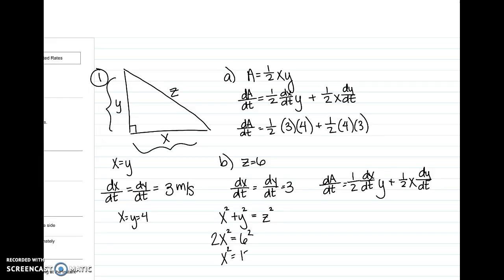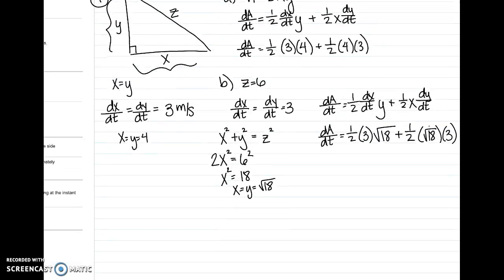So 36 over 2, which is 18, so x and y are both the square root of 18. So dA/dt is 1/2 times 3 times the square root of 18 plus 1/2 times the square root of 18 times 3. Okay.